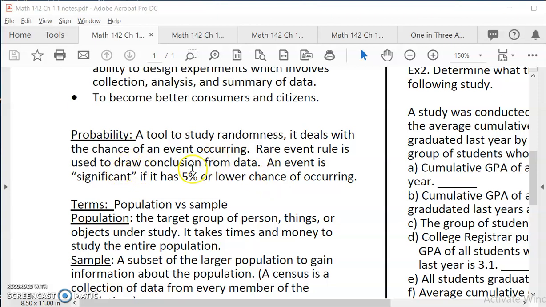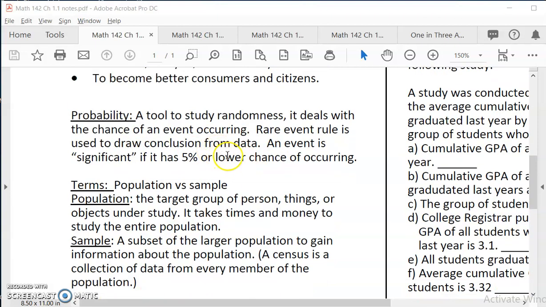So right now, in this chapter, you just need to know that statisticians look at probability differently. They classify events that have a very low chance of happening, at 5% or lower, as statistically significant.